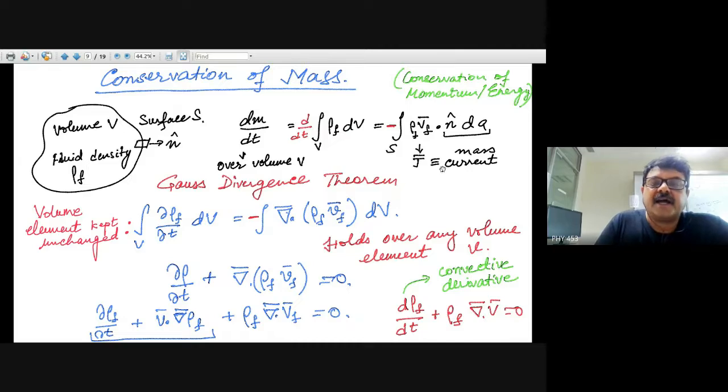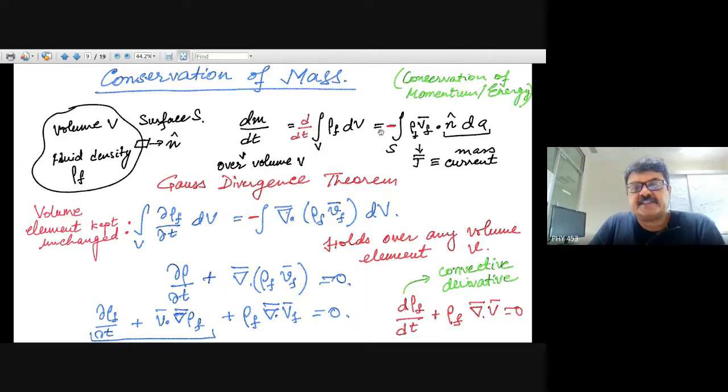And if the volume was held fixed while calculating this, then one can write dm/dt as the integral of del rho f by del t dV, because there is no space dependence. We have kept the volume fixed, so we are interchanging the differentiation and the integral.